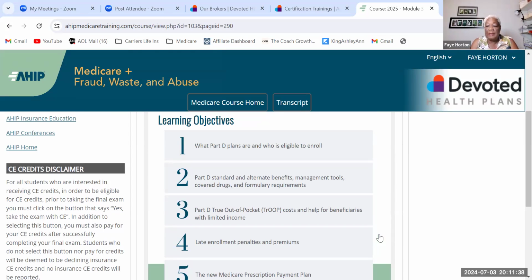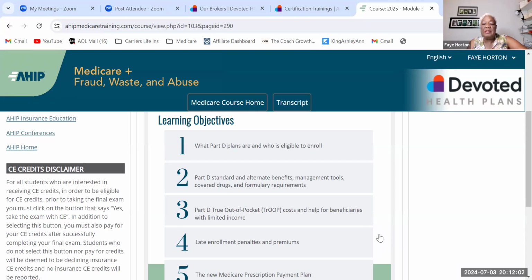The learning objectives, there are 5 tonight: what Part D plans are and who is eligible to enroll. Part D standard and alternate benefits, management tools, covered drugs, and formulary requirements. Part D true out-of-pocket costs and help for beneficiaries with limited income.